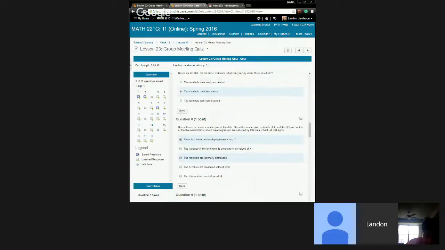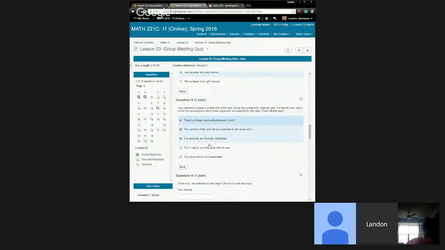It says you've got to use the residual plot, no megaphone shape in the residuals. Oh yeah, okay, there's no megaphone. There's no pattern at all in that one, so that one should be true.